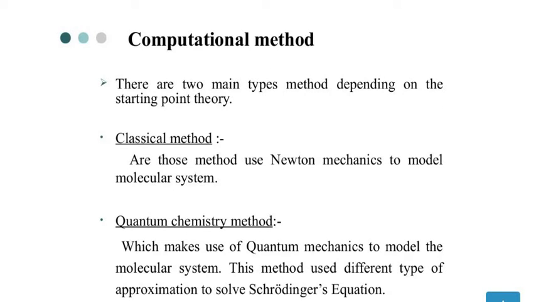So for computational methods, there are two main types depending on the starting point theory: first, classical methods, and then quantum chemistry methods.